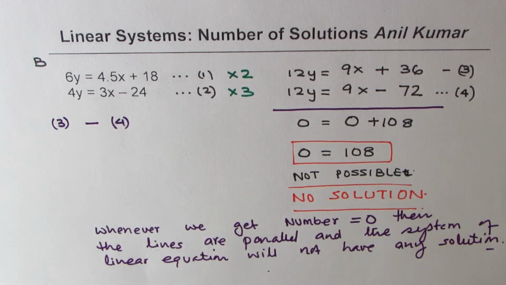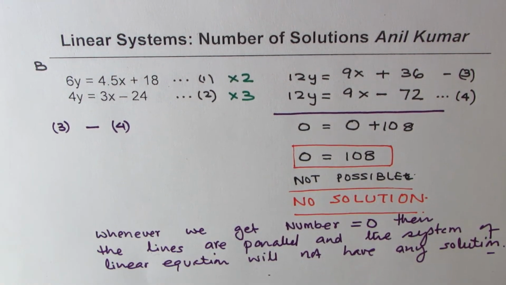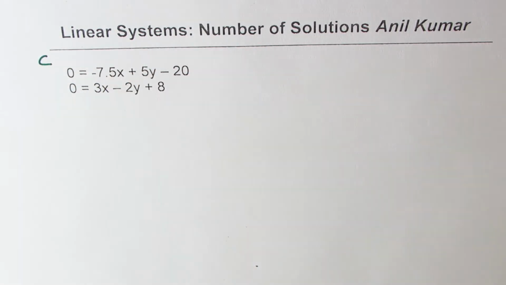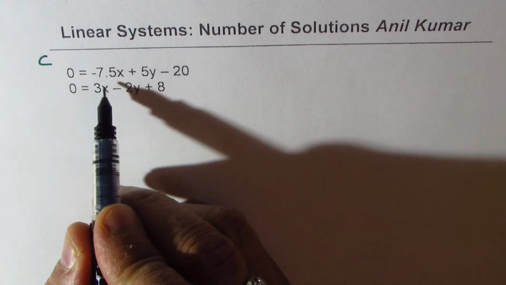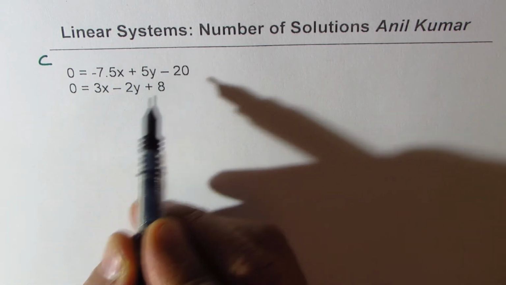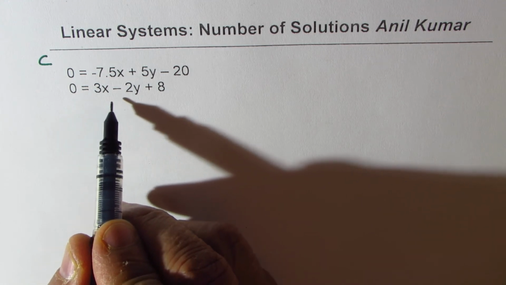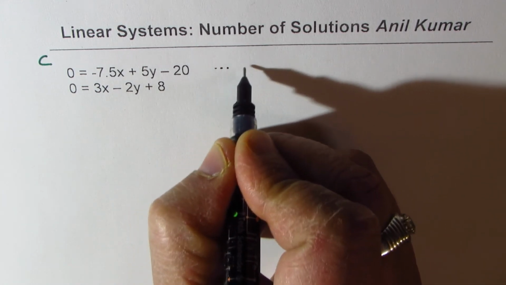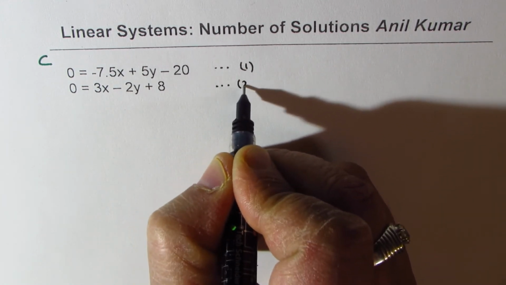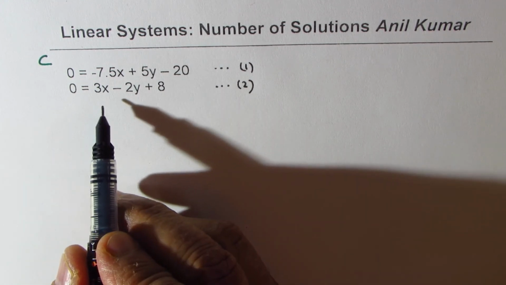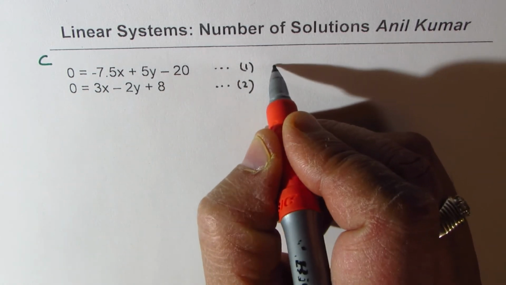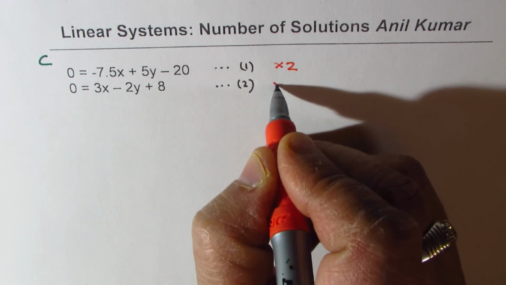Is that clear? Perfect. Now let's take the last example. In example C, we have two equations: 0 equals minus 7.5x plus 5y minus 20, and 0 equals 3x minus 2y plus 8. Let's call them equation number 1 and equation number 2. To get the same coefficients, we can times the first equation by 2 and the second equation by 5.